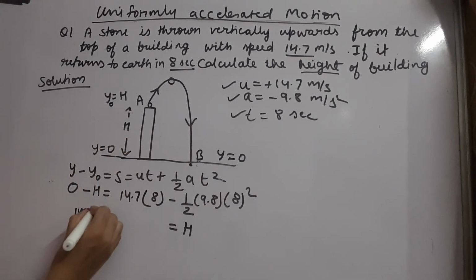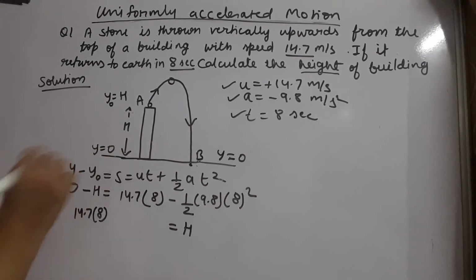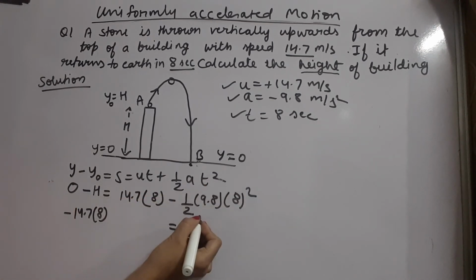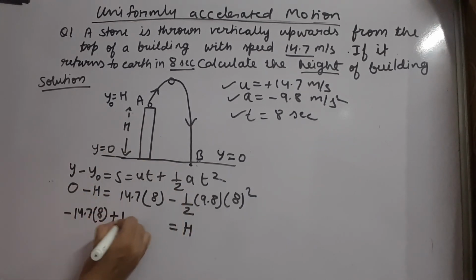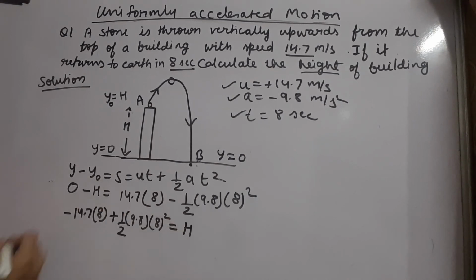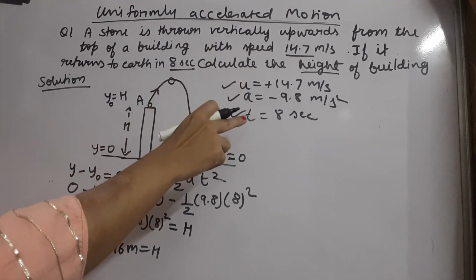So 14.7 into 8, when shifted, becomes negative, and the half at square term, which is negative, becomes positive by shifting. Okay, so we only have to solve this, and finally the answer comes to 196 meter. So the height of the building we have solved. So understand these techniques.